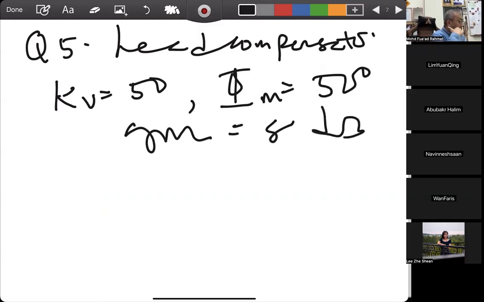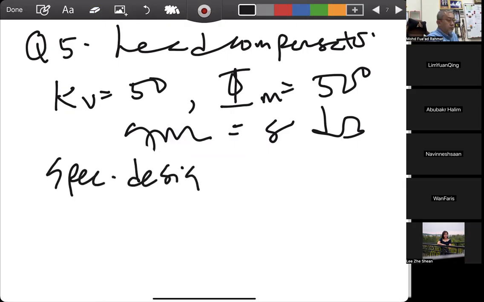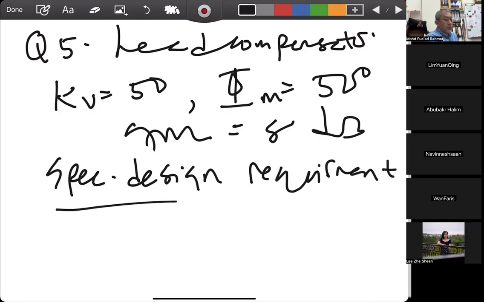That is the requirement of the spec design. Lead compensator: Kv 50, phase margin 50 degrees, gain margin 8 decibel.